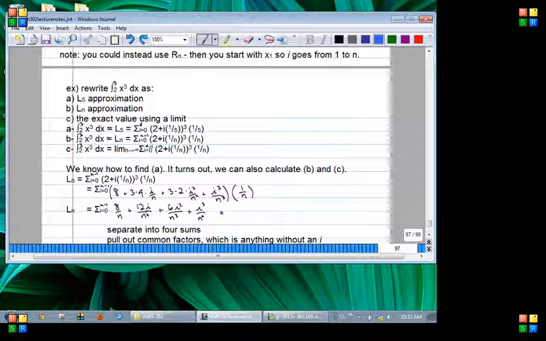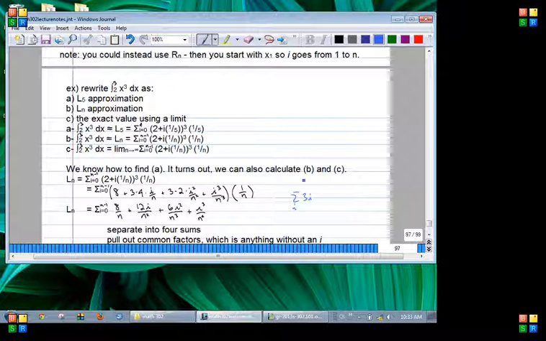So for example, let's take the sum over i of 3i. What will every single term have in it? It will have an i, but the i is changing, because in the first term i is 1, in the second term i is 2, and the third term i is 3. So i is not going to be the same thing in each term. But what is going to be the same thing in each term? The 3 is in each term.